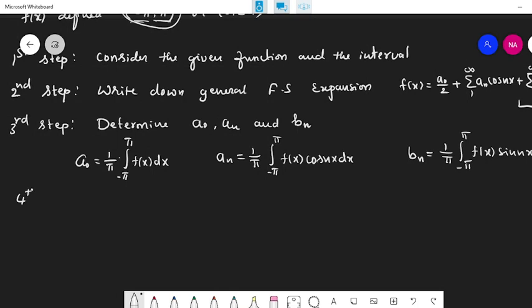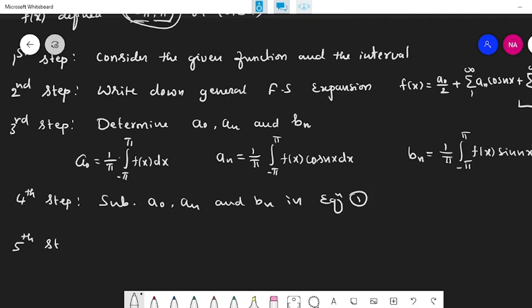Fourth step, substitute for a naught, a n and b n in equation 1. If you need to deduce an expression, then you have to go for the fifth step: choose a suitable value of x and simplify.